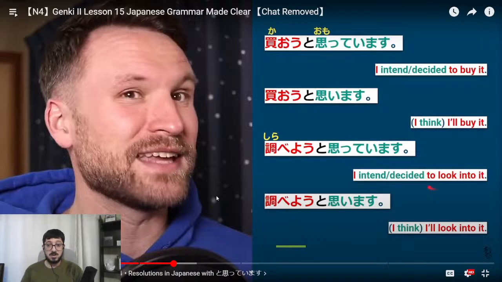But 調べようと思います. On the spot, the decision was made on the spot. I will look into it. I decided on the spot. I think I'll look into it. The decision was made on the spot, not like 調べようと思っています, which is I already decided in the past.